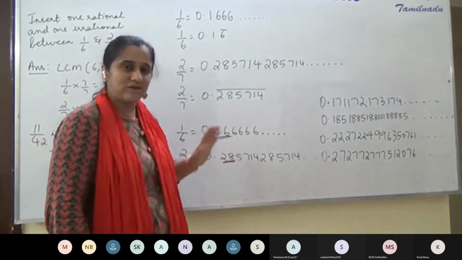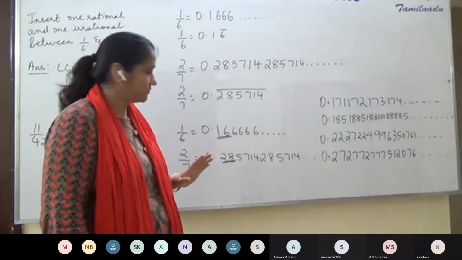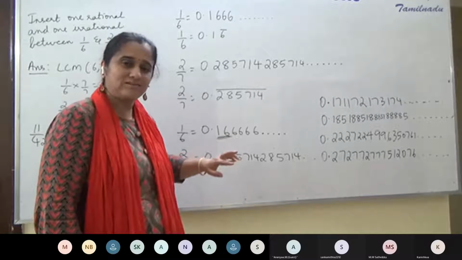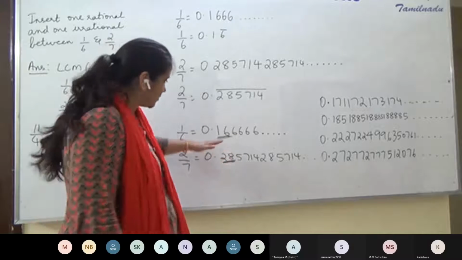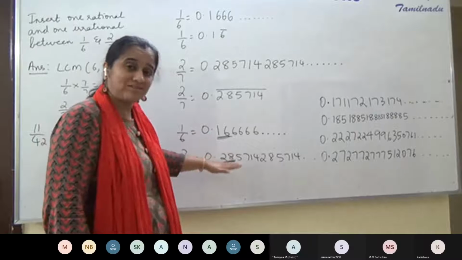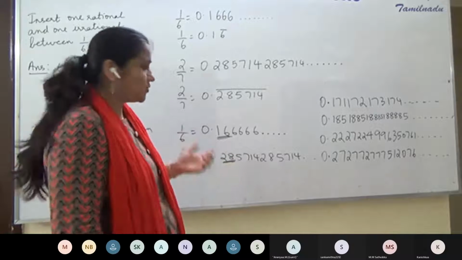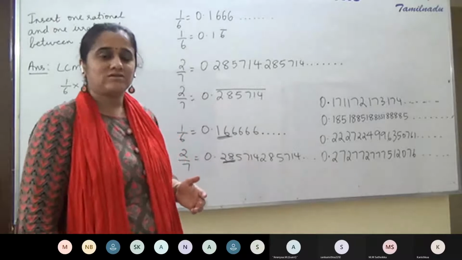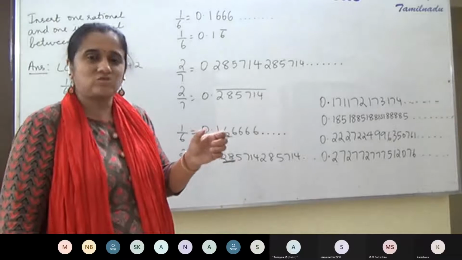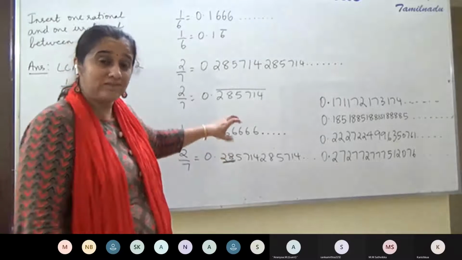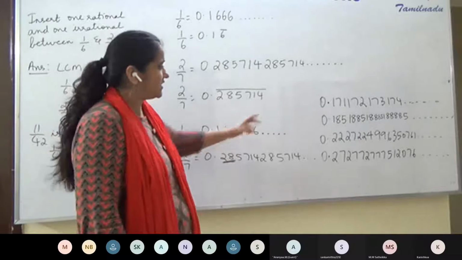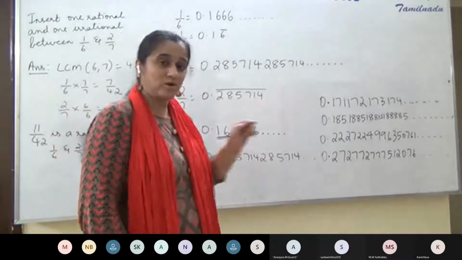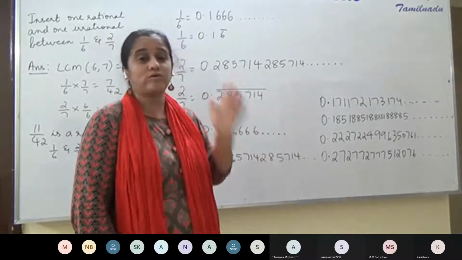I told you that you cannot start with 1 point or 2 point something. So between 0.16 and 0.28, there are 0.17, 0.18, 0.19. When you choose to start with these two digits, you're safe, you're in the range. And then you can fix anything. But don't forget to use the dots to indicate that they go on forever.